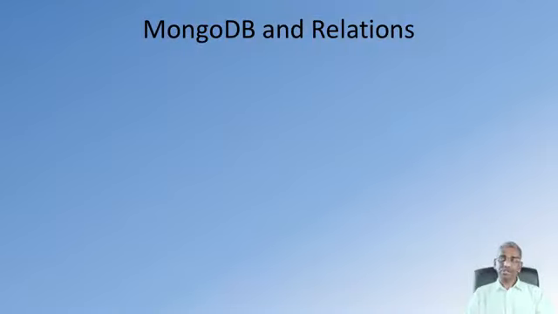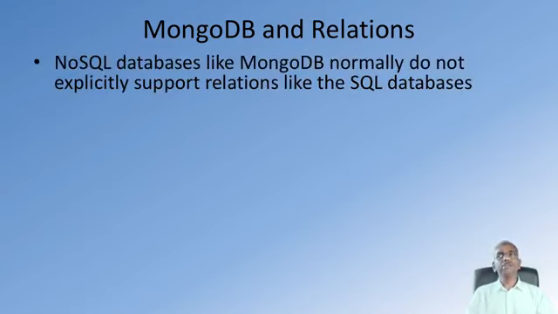As we realized, document databases, the NoSQL databases, are not designed with relations in mind. Everything that you need in a document is stored completely within the document. That is pretty much the way things operate with NoSQL databases like MongoDB.